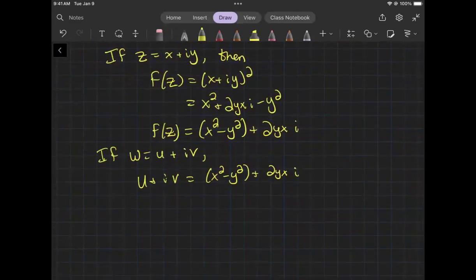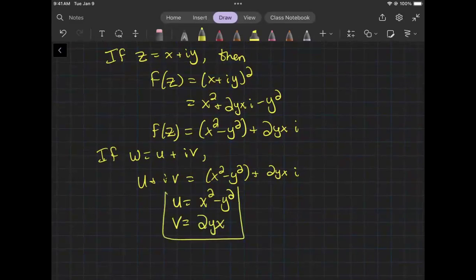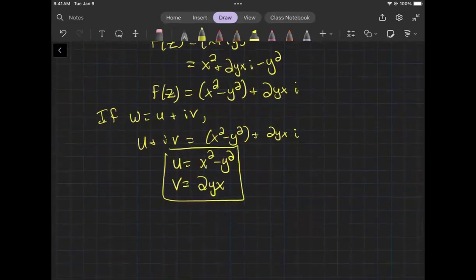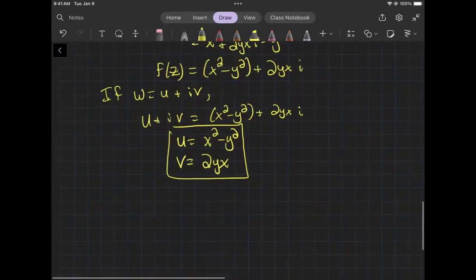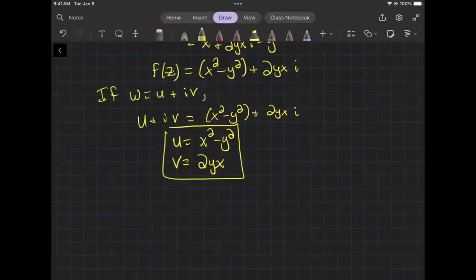So in terms of the real components, u is equal to x squared minus y squared, and the imaginary component, v is equal to 2 times y times x. So this is how you split up a complex number and complex function, excuse me, in terms of the real and imaginary components.